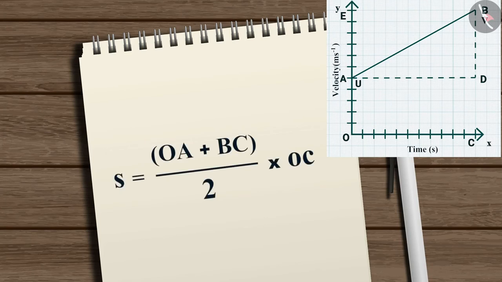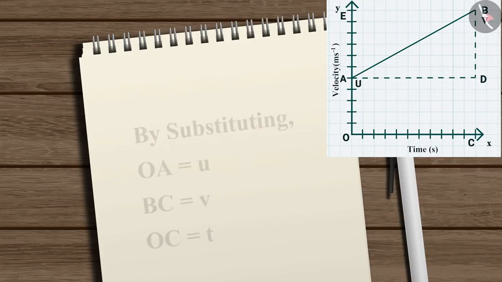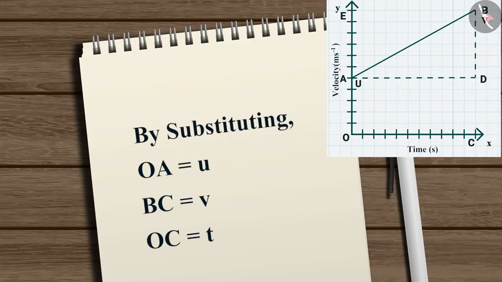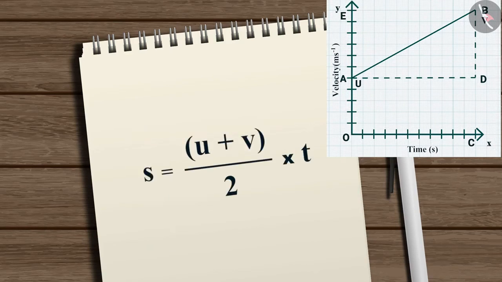Now, by applying the formula for the area of trapezium, we get s = (OA + BC)/2 multiplied by OC. By substituting the value of OA = u, BC = v and OC = t, we get s = (u + v)/2 multiplied by t.